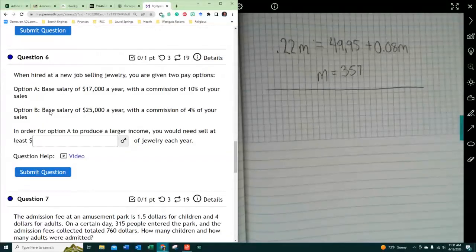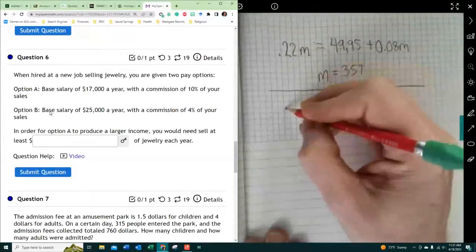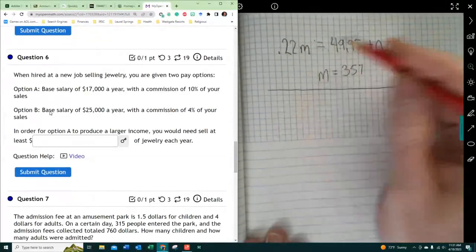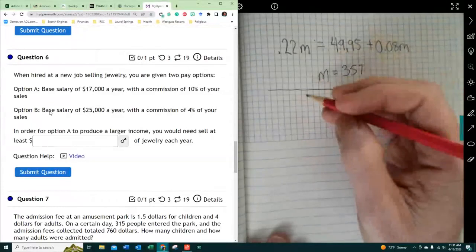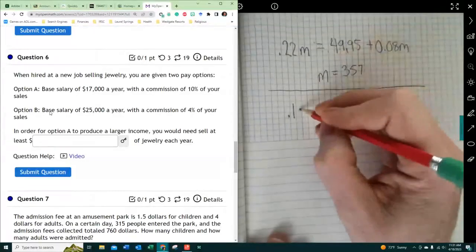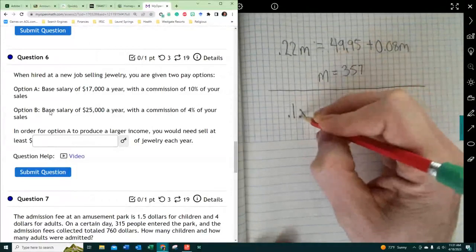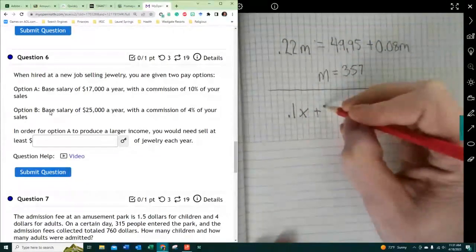Now, again, you're getting paid less a year, but you're getting a higher percentage for the commission. So that's significant. What we want to do is almost like what we did in this problem right here. And again, these are next to each other for a good reason. We have 0.1 times the sales, we'll just say X, plus 17,000.